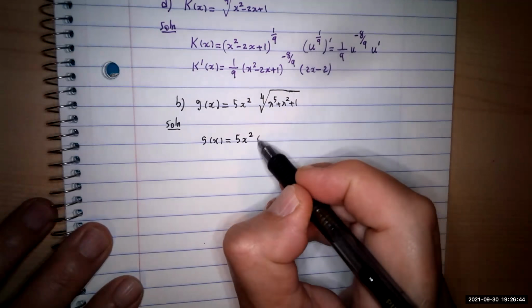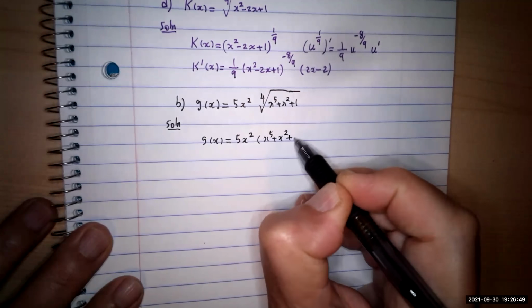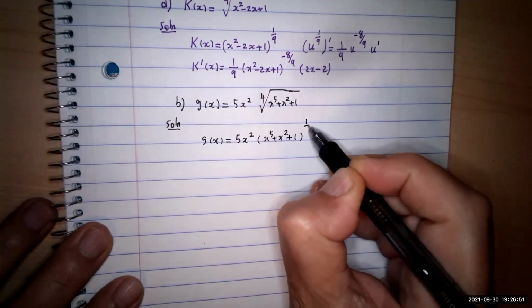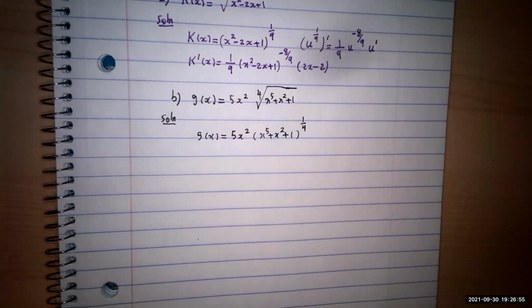So it's going to be x to the 5th plus x squared plus 1, everything to a quarter. So it's either given to you as a product right away, or you may have a radical in between that you take care of.